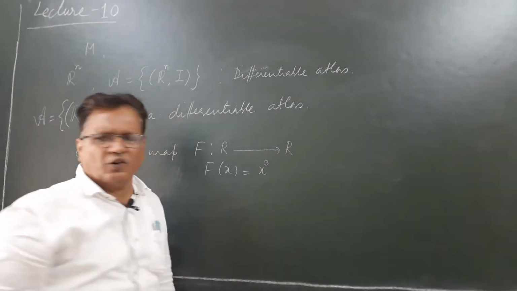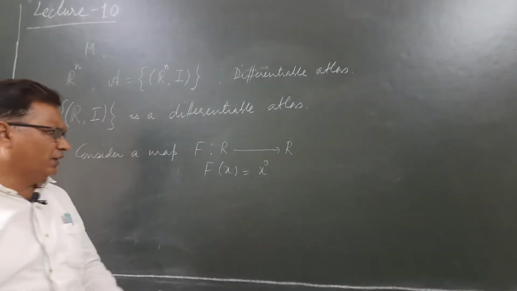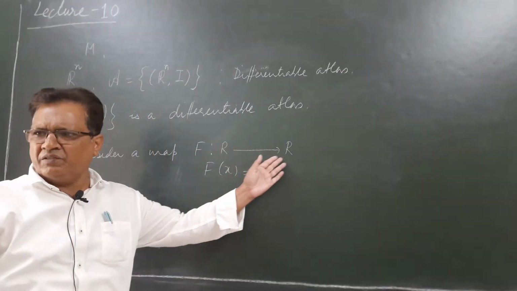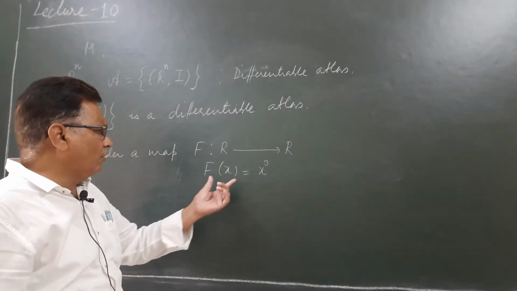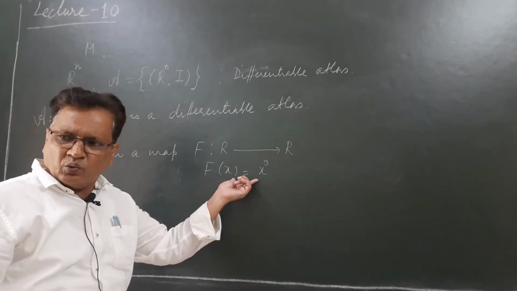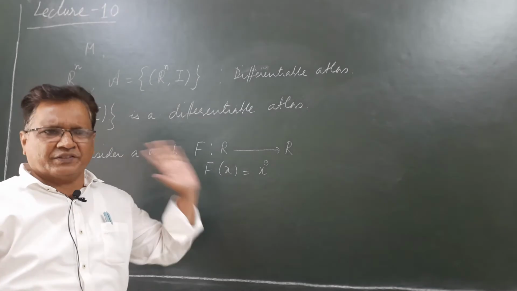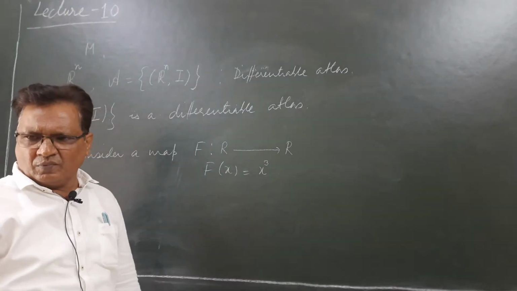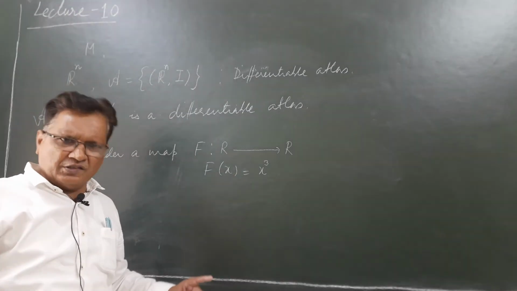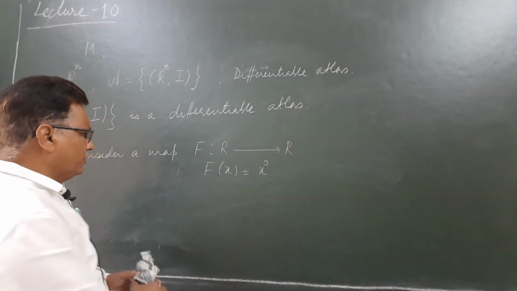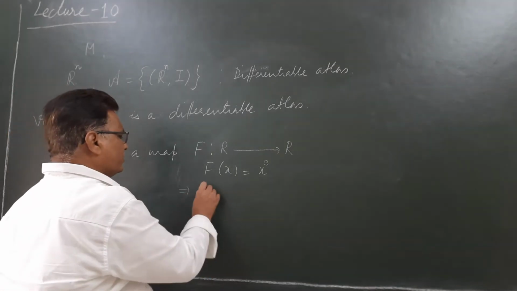I have taken an odd power. Okay, you can consider x to the power 5, 7, etc. Now, all these maps, in particular this one, is a homeomorphism. It is 1-1, continuous, and the inverse is also continuous. So, it is easy to check that F is a homeomorphism.